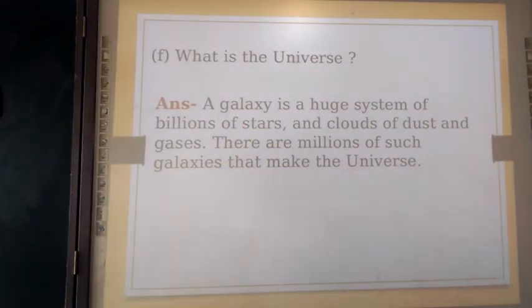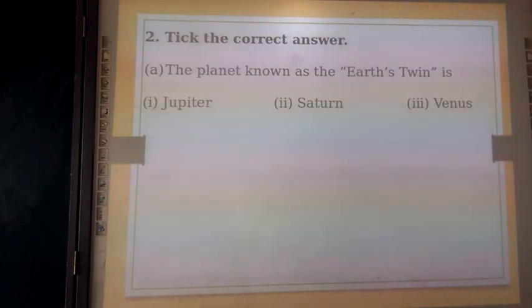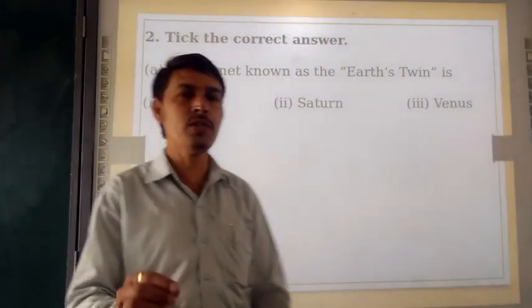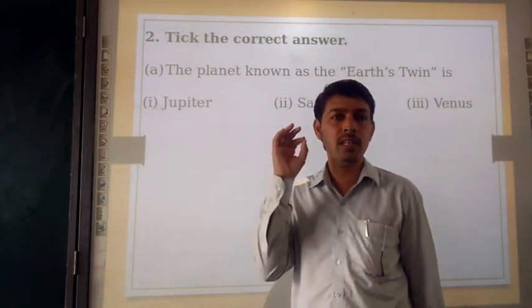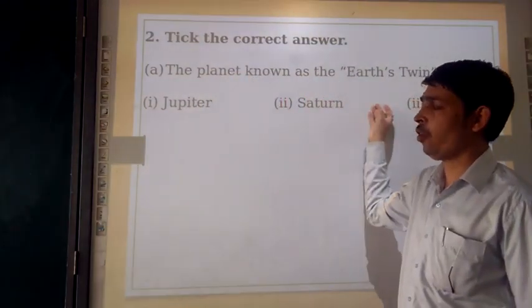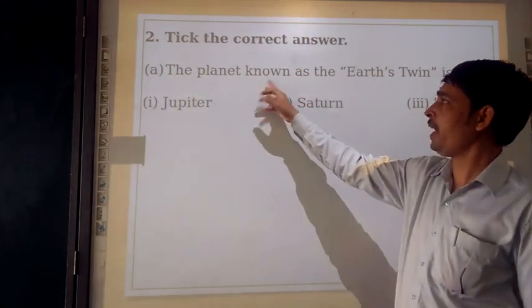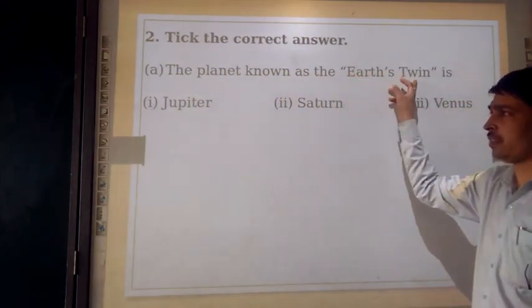Moving towards the next question. Now we are going to tick the correct answer. Here we have one question with three options, and you have to tick the correct one. The planet known as Earth's twin.